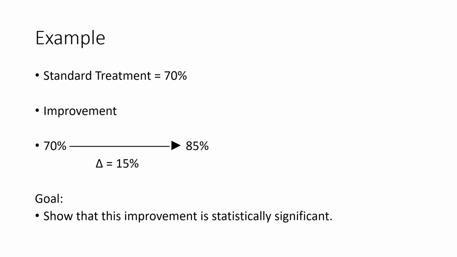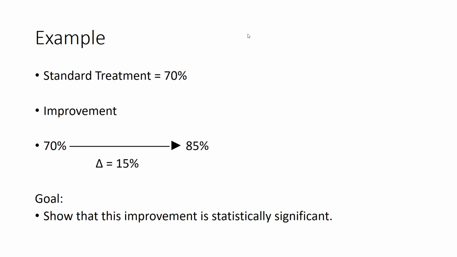What are we getting? We are getting 70% in standard treatment, and in new treatment we are getting 80%. So we are getting only an improvement of 10%, but we have decided a superiority margin of 15%. It means it is below 15%.